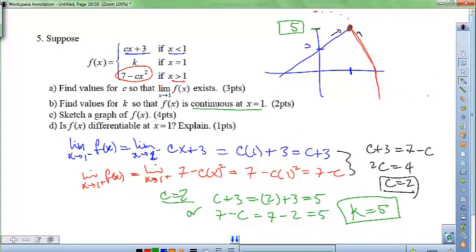So I think our graph is all set up. We did the graph while we were figuring out the problem, and this is how it would look. The last one, it says, is f differentiable at 1? Well, one way to look at differentiability is that differentiable should mean looking at a smooth curve. Now clearly this is a corner, so by looking at the graph it doesn't look like it's differentiable.